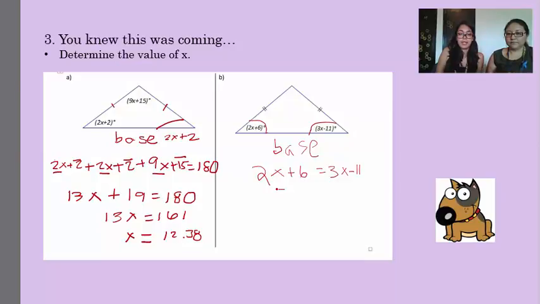If we combine like terms, we subtract 2x and bring it to this side, and we have 1x.